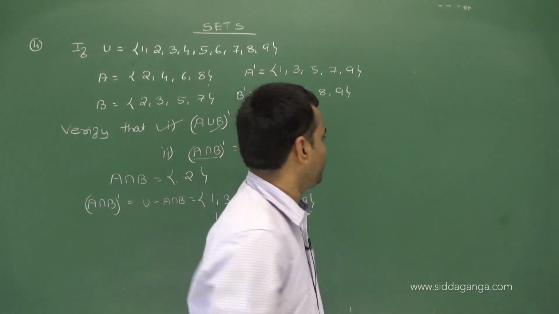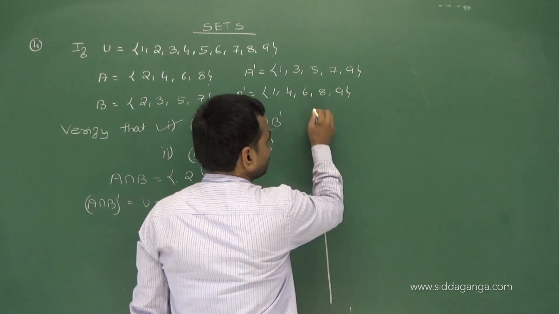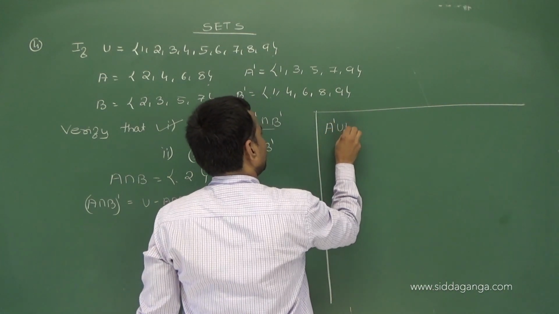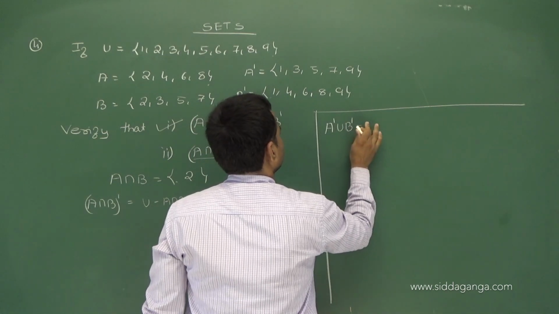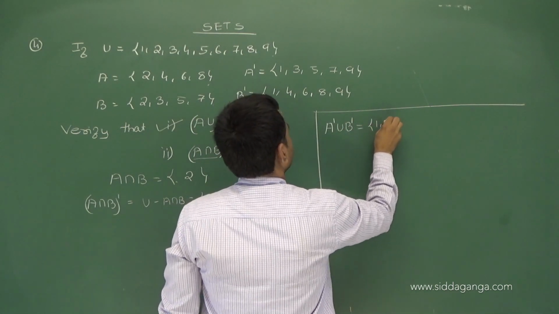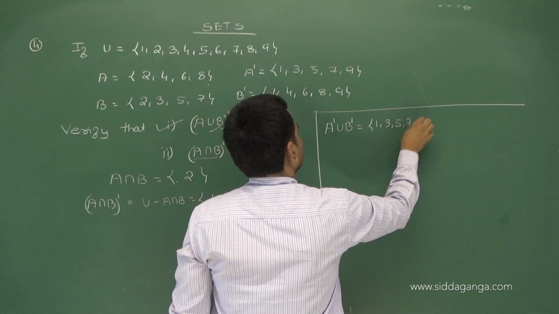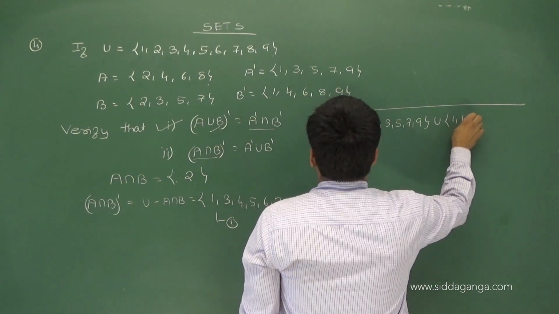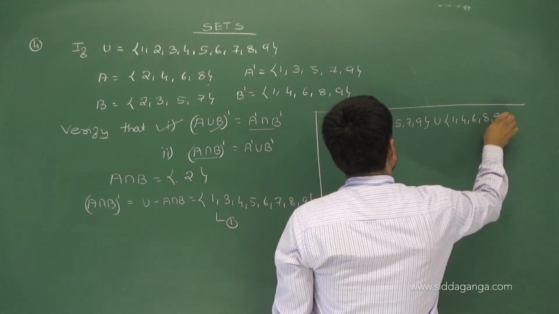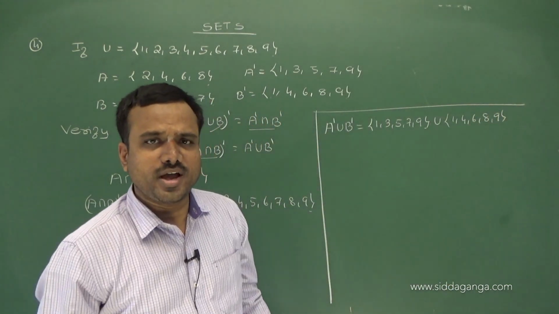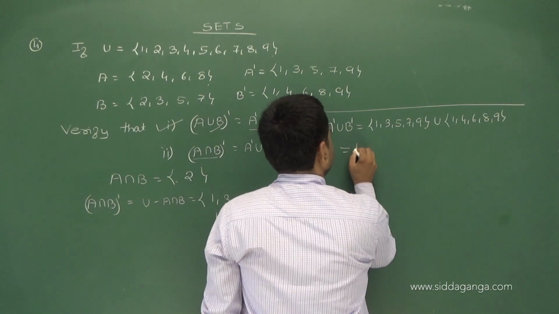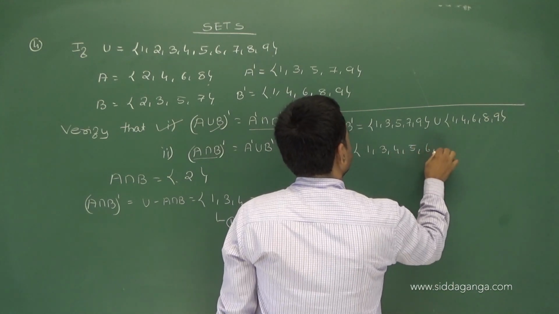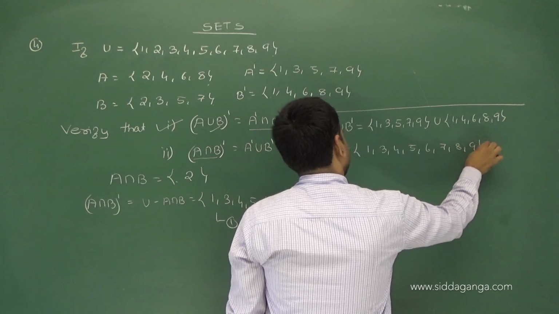Then RHS is A dash union B dash, that is 1, 3, 5, 7, 9 union 1, 4, 6, 8, 9. So that is equal to 1, 3, 4, 5, 6, 7, 8, 9. Call it as 2.